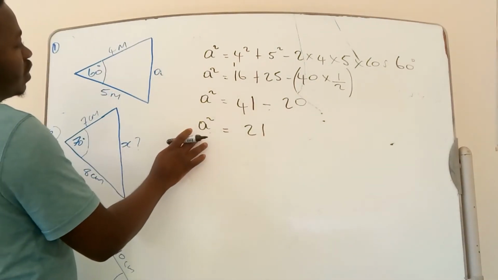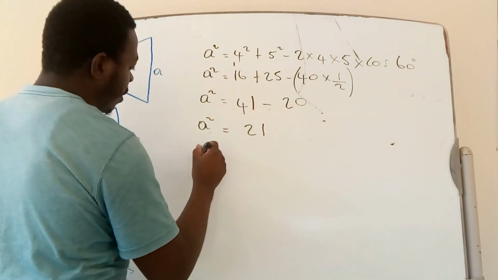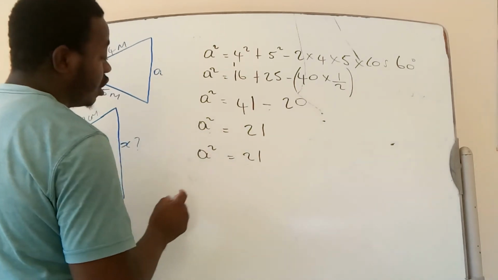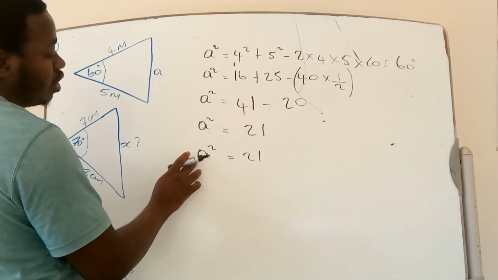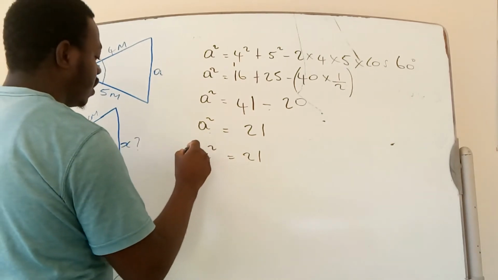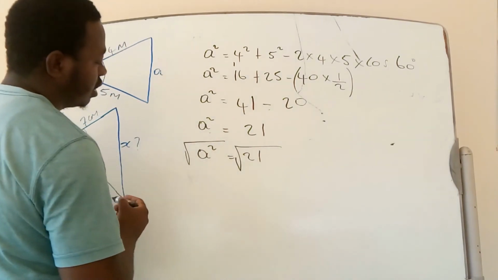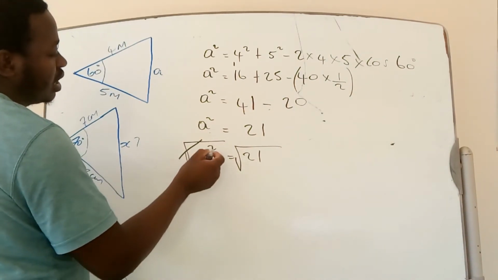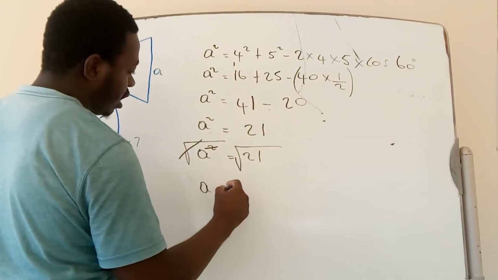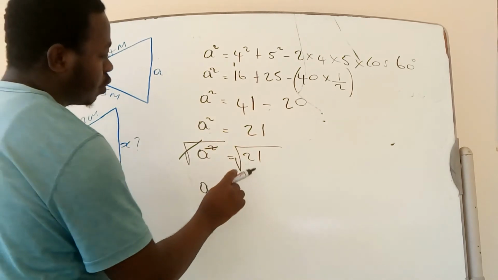Now we have a squared, but we want the length of a. So you write back what you have, which is a squared equals 21, and you take the square root of both sides because we want to get rid of this square. The square root sign cancels out the square, leaving us with a is equal to the square root of 21.